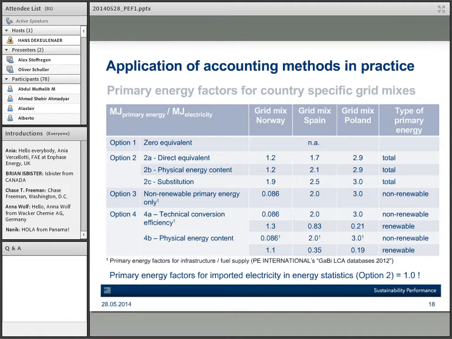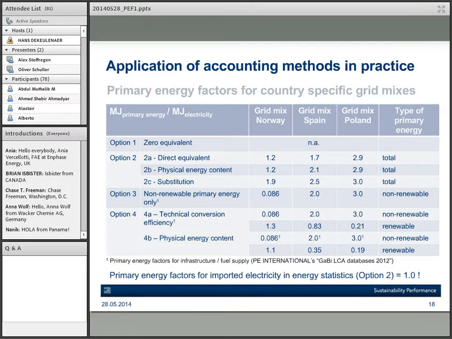So therefore, this is also something you should keep in mind if you look on primary energy factors for different countries or energy statistics, that this can play a role here. And as I said, it's rather for smaller countries, or maybe in the future when we have higher fluctuations, especially if you look on Europe, we have some countries where a lot of electricity is transferred.